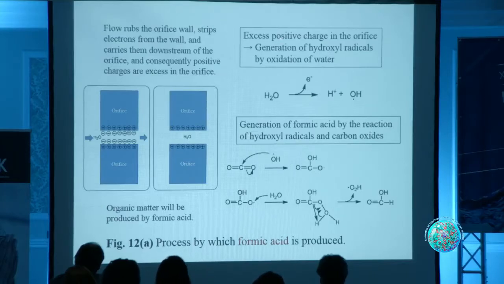Then the excess positive charges in the orifice lead to generation of hydroxy radicals by oxidation of water, shown by this process. And the generation of formic acid by the reaction of hydroxy radicals and carbon oxide, as shown by this process. The organic matter will be produced from formic acid. This shows the process by which formic acid is produced.